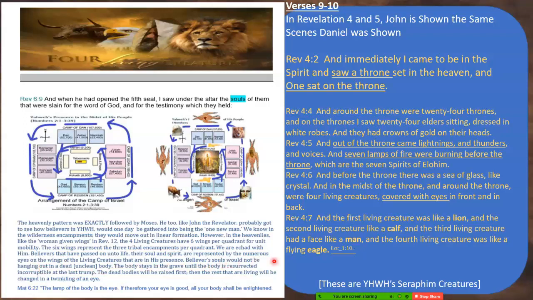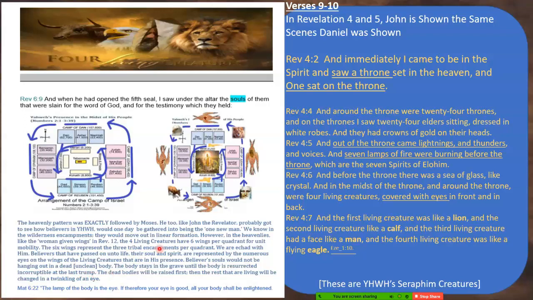So Yahweh is not a Yahweh of blending clean and unclean. Therefore, in my understanding, believers' souls that have been redeemed, their sins have been removed as far as the east is from the west, would not be hanging out in a dead, unclean body in the grave, because the body is most certainly in the grave, awaiting its resurrection and to having the incorruptible body at the last trump.